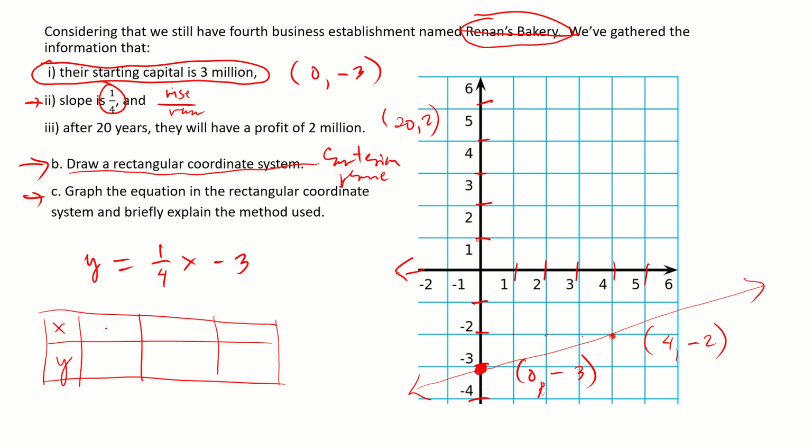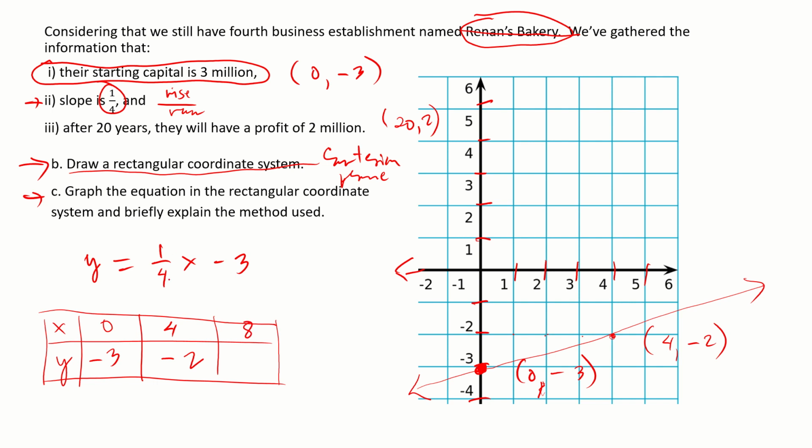In my case here, perhaps I can use 0. Because if x is 0, based on the equation, that's -3. If x is 4, that would mean 4 times 1/4 is 1. 1 minus 3 is negative 2. And then the other one might be 8.